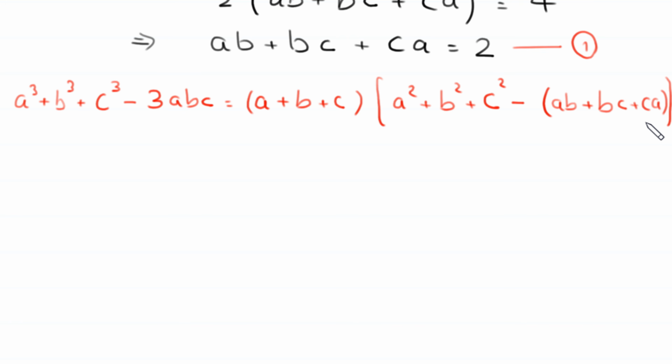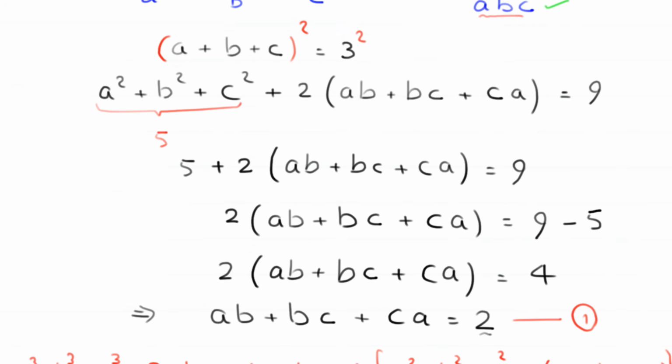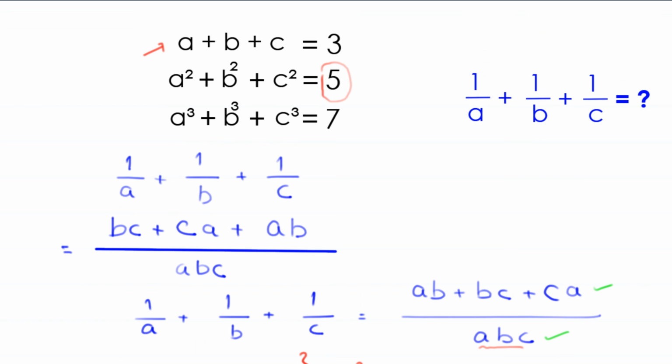In this identity, we replace ab plus bc plus ca with the value 2, and a cubed plus b cubed plus c cubed equal to 7, and a squared plus b squared plus c squared equal to 5, and a plus b plus c equal to 3.